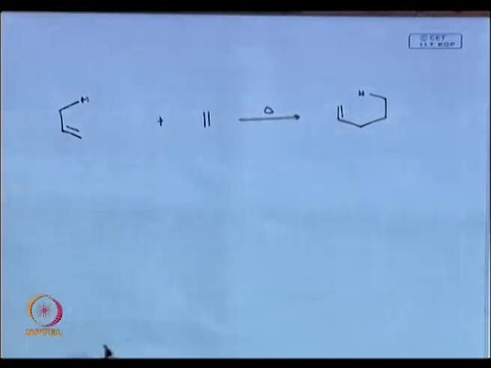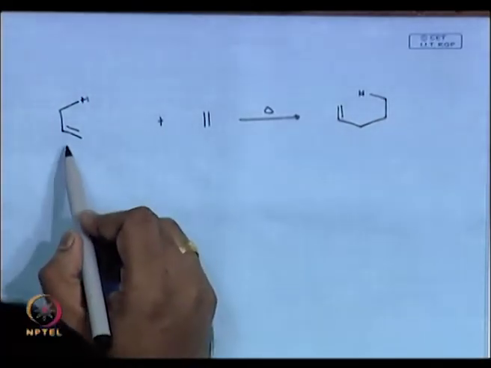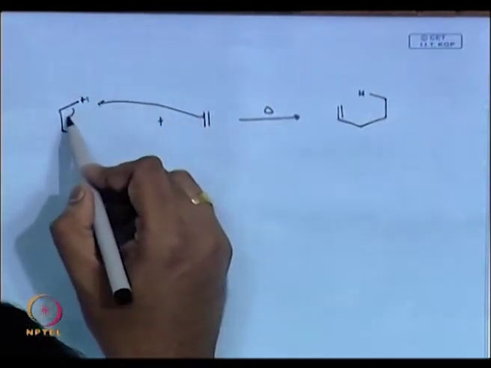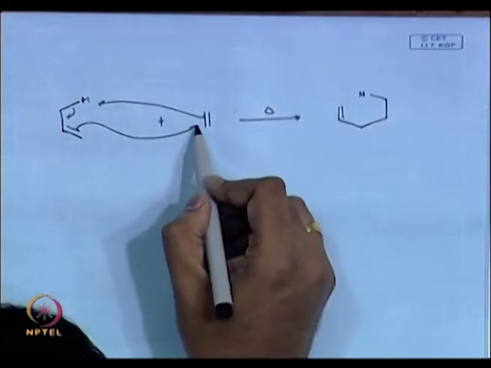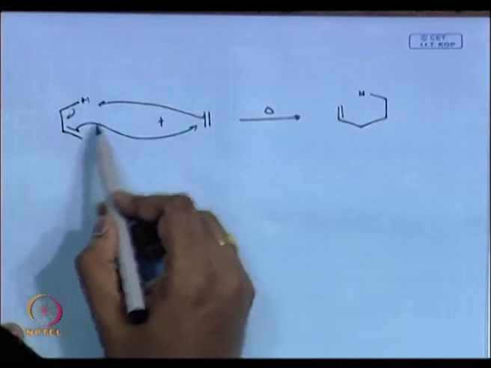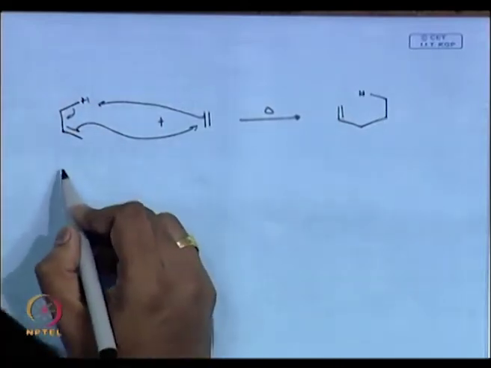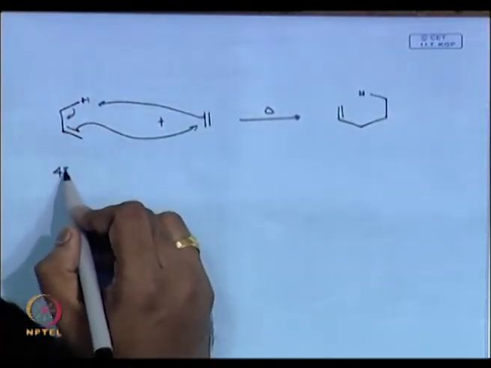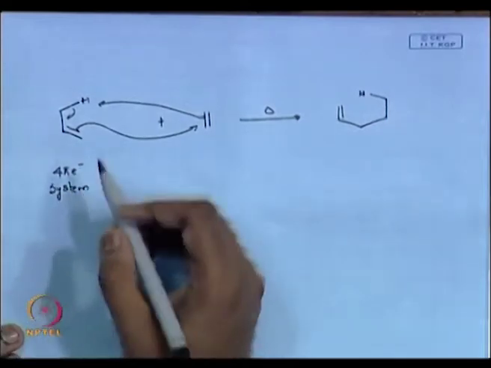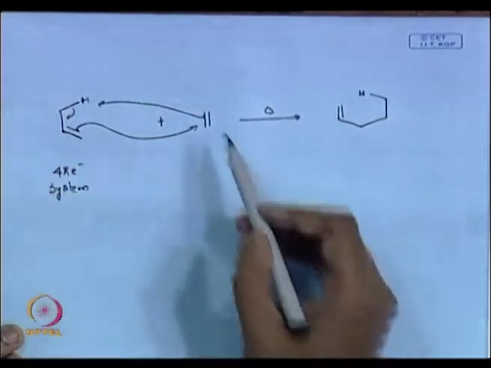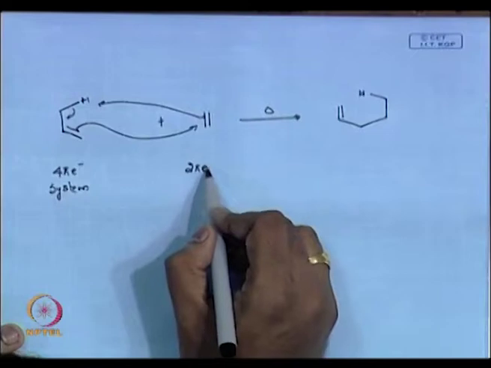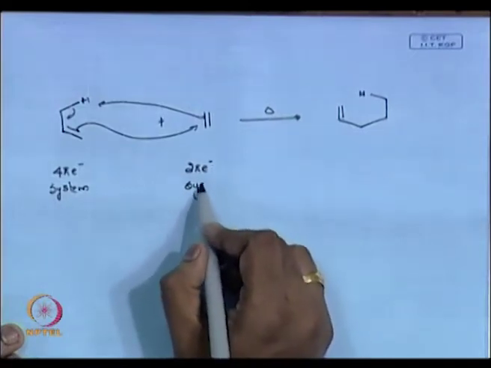Now, if you see the electron push, how many electrons are totally involved? If you see my allyl system, I can say that 4 pi electrons are involved in the reaction for this substrate. For the alkene I can say a 2 pi electron system.